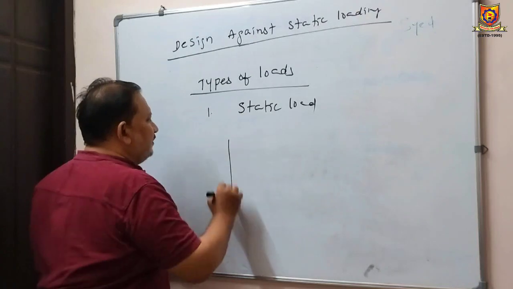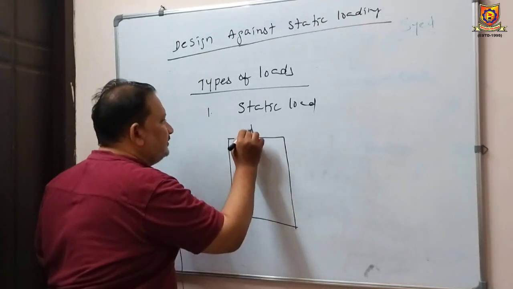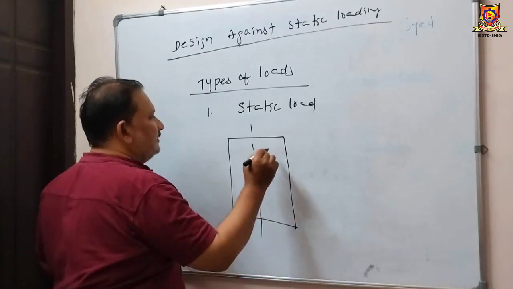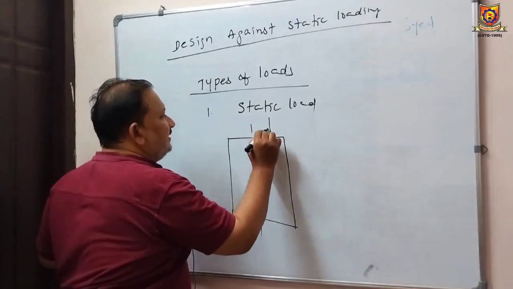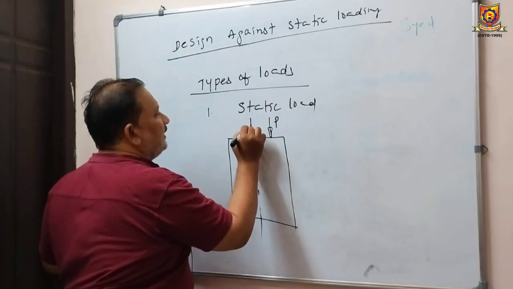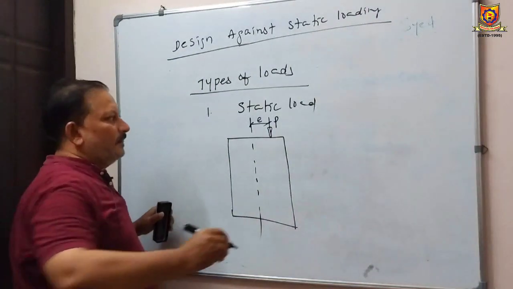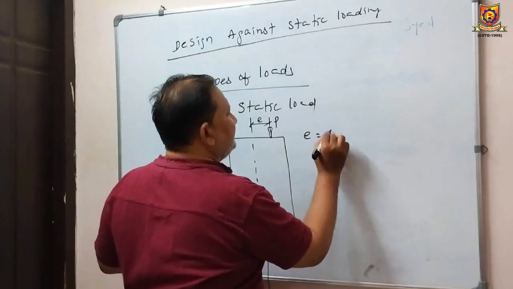Now, let us consider one body, I can say machine part, subjected to eccentric load P and E. So E is the eccentricity.